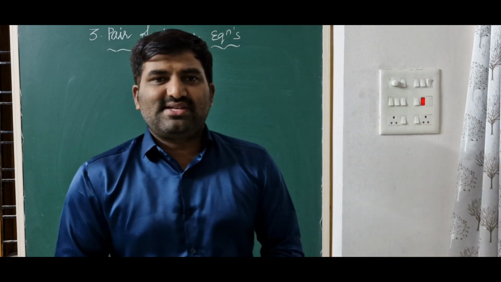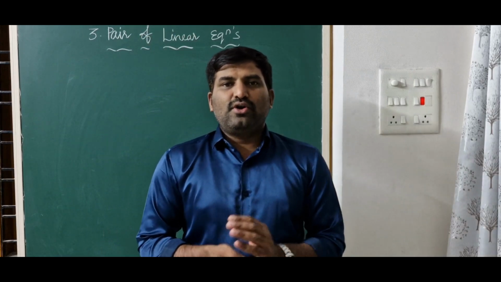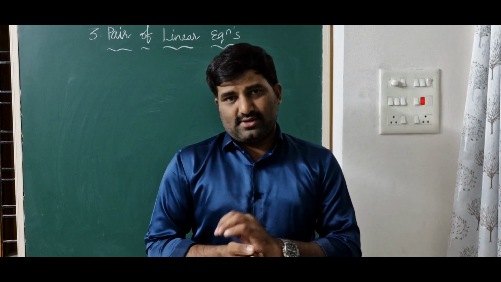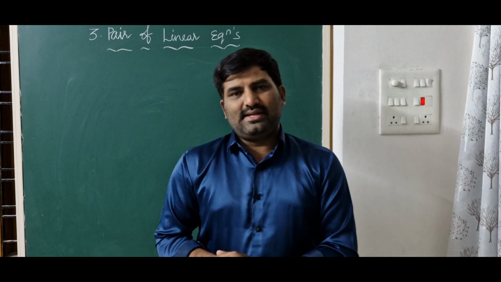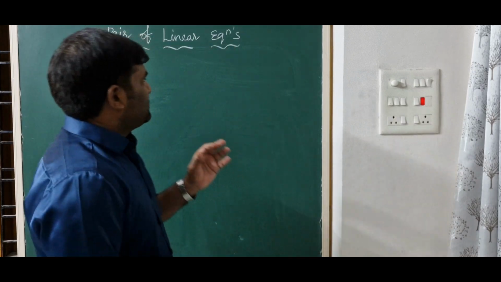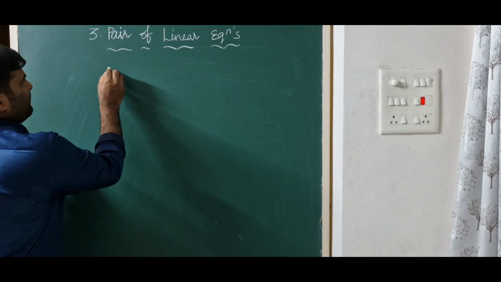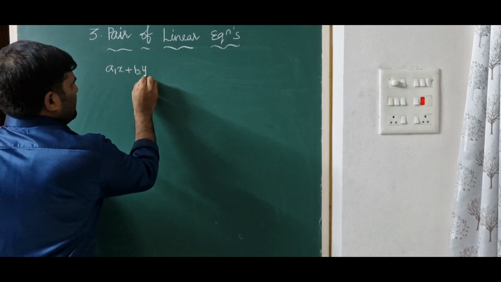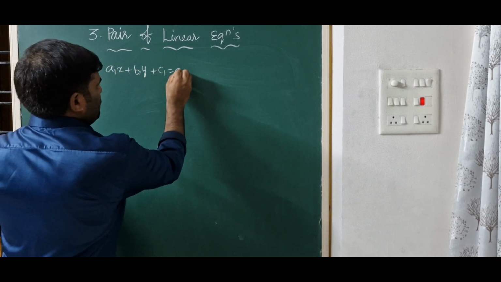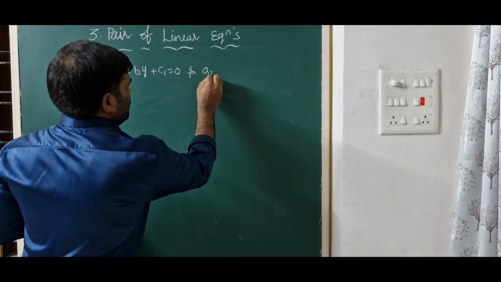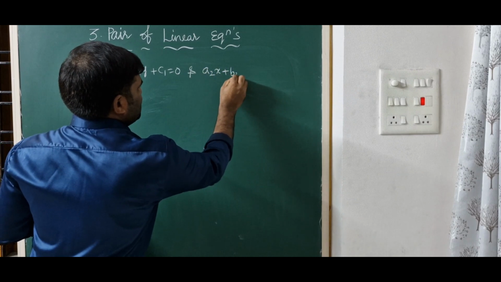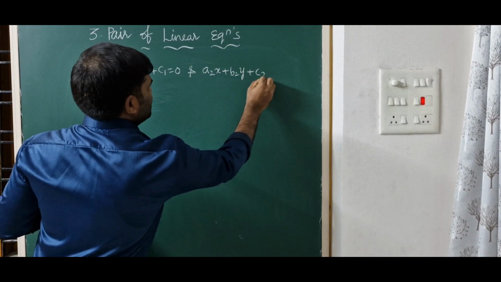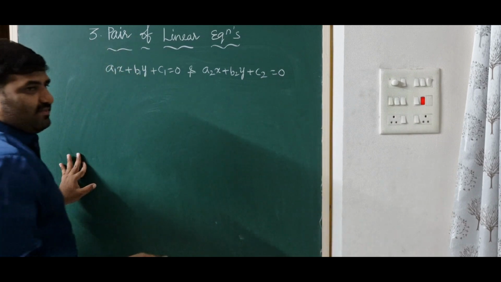Before going to that, I will explain the relationship between the coefficients of x, y and the constant term of two linear equations. The general form of the linear equations: the first one is a1x plus b1y plus c1 is equal to 0, and the second one is a2x plus b2y plus c2 is equal to 0. These are the pair of linear equations in two variables.